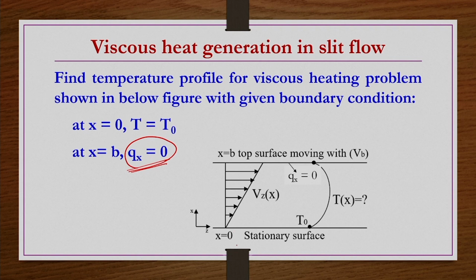Here again the bottom surface is stationary, the top surface is moving with constant velocity Vb, and the velocity profile between these two surfaces is linear, and that is a function of x. The gap between these two is b.